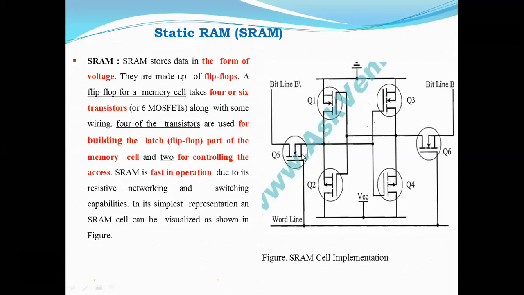If the data is there, it will go on storing the data in these 4 transistors. If the data is not there, then it will be off. So these two control the access, and these 4 store the data. SRAM is fast in operation, and you can see the diagram here. This is a typical cell implementation. We'll go to the next one.